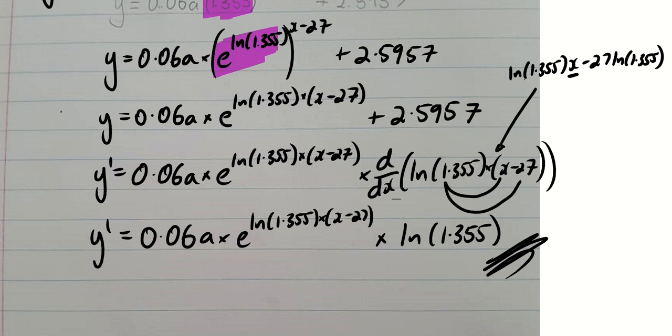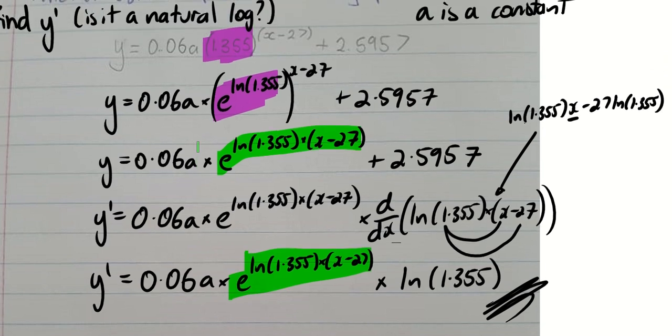The only thing I'm going to change is that this big expression here also looks like this expression here, which was really just what we started with in our function up here.